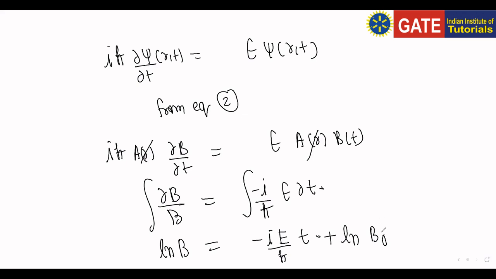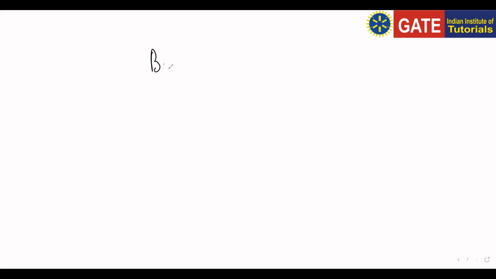You could write it as A, but we have already taken A. So the final solution will be B equals B naught e to the power minus i E t over h cross.